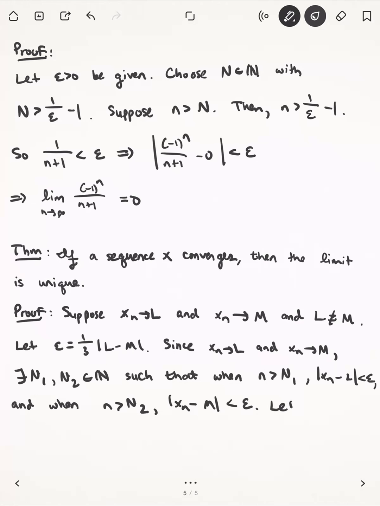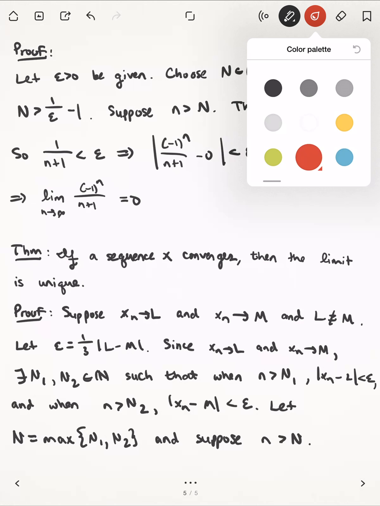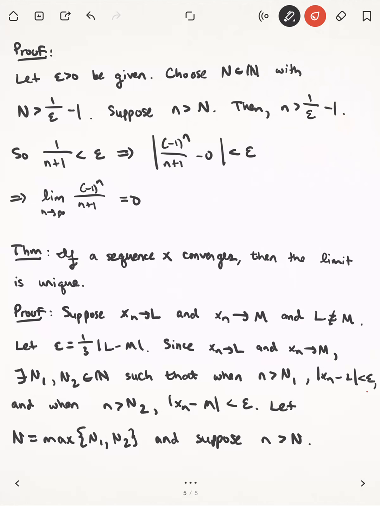So let N be the maximum of N1 and N2, and suppose n is bigger than N. Okay, so n is bigger than both N1 and N2, so that both of these inequalities that I'm underlining now hold.